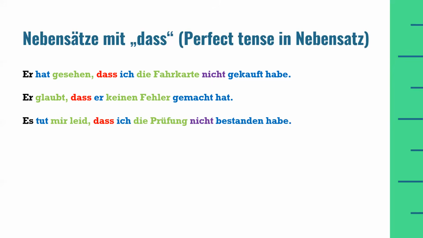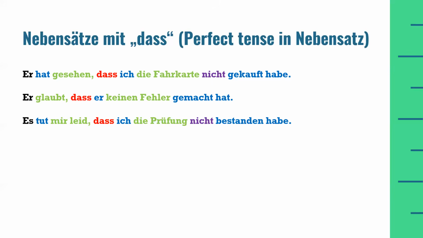Es tut mir leid, dass ich die Prüfung nicht bestanden habe. I apologize, or I feel sorry. For what do I feel sorry? That I haven't passed the exam. Again, dass comes at the first position. At the second position, we have the subject, which is ich.